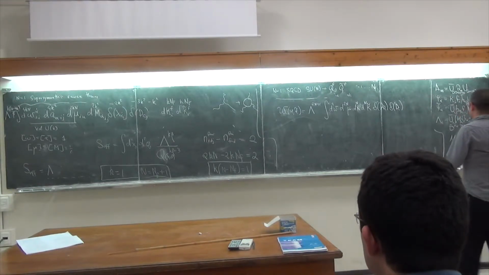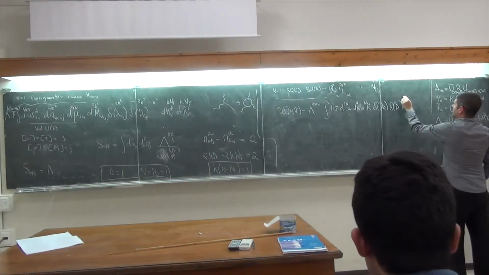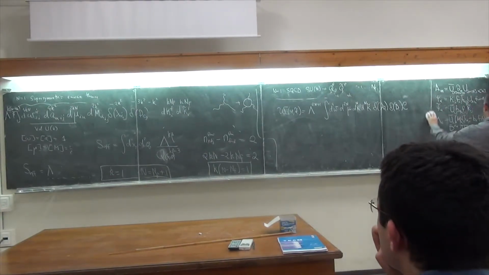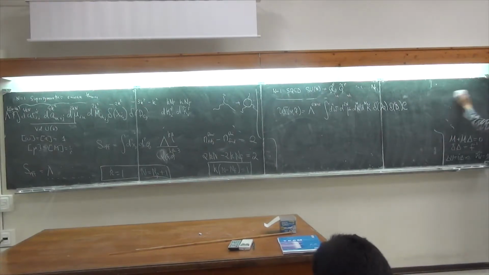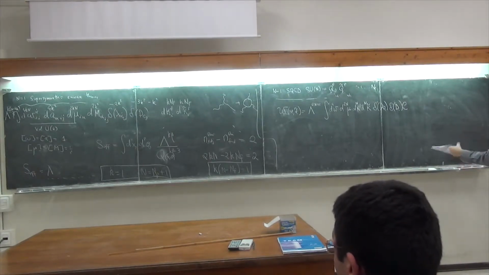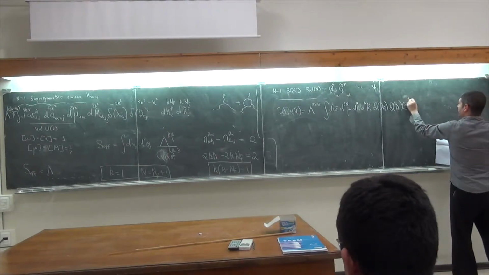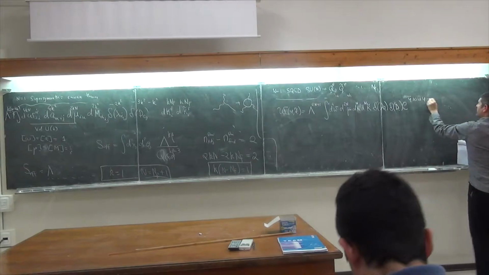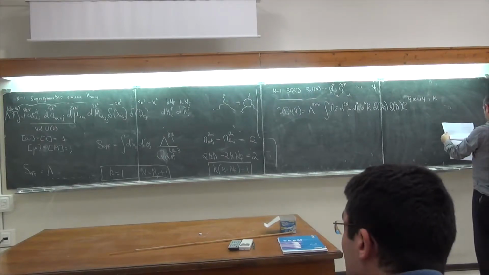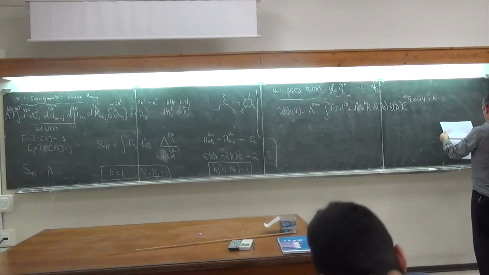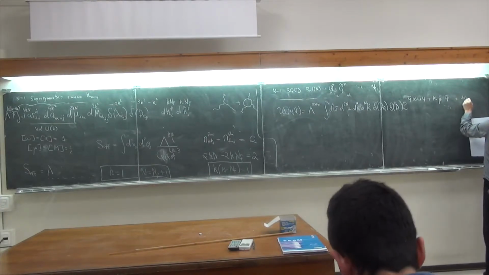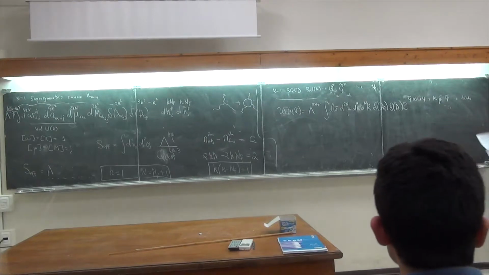Okay? And then I have the exponential of the action that I just cancelled, which was phi bar omega bar phi plus K U bar phi bar plus T. Let's write at least here the index.